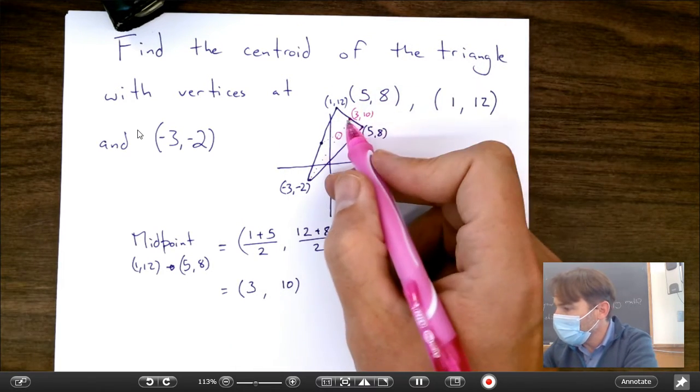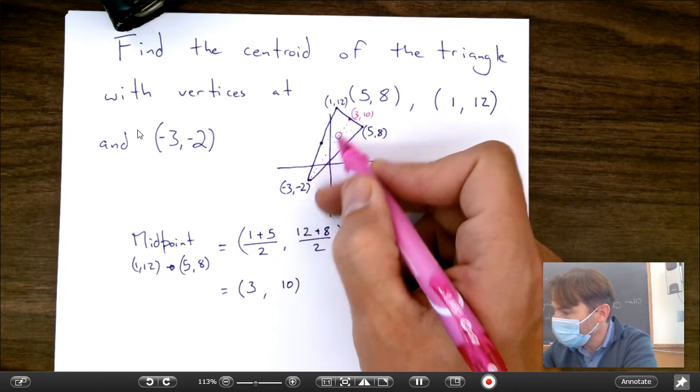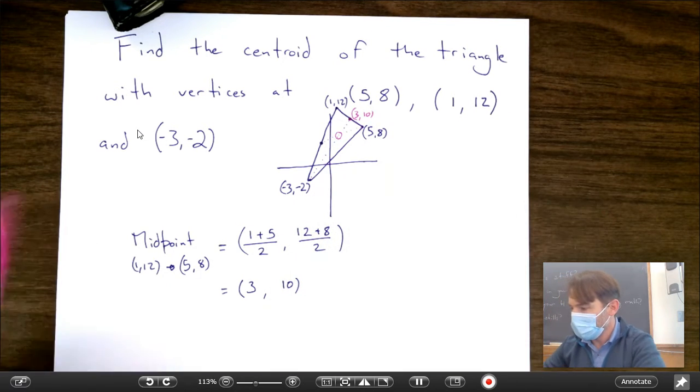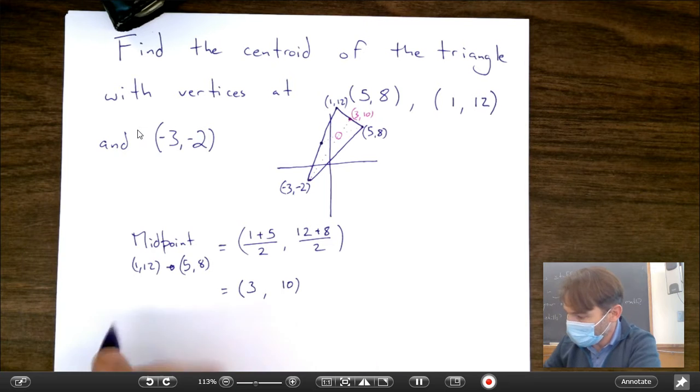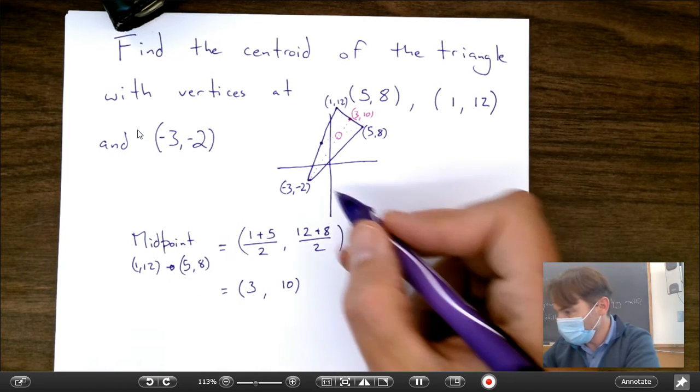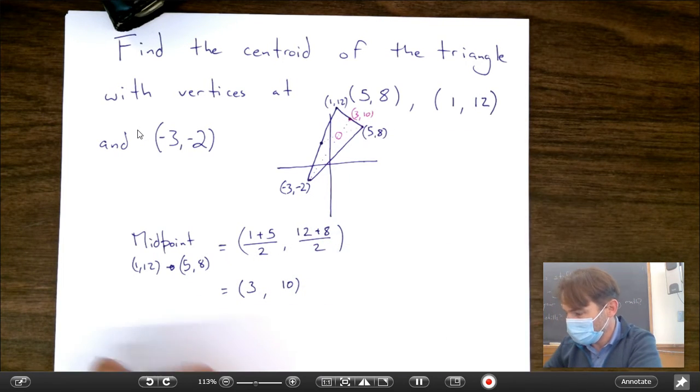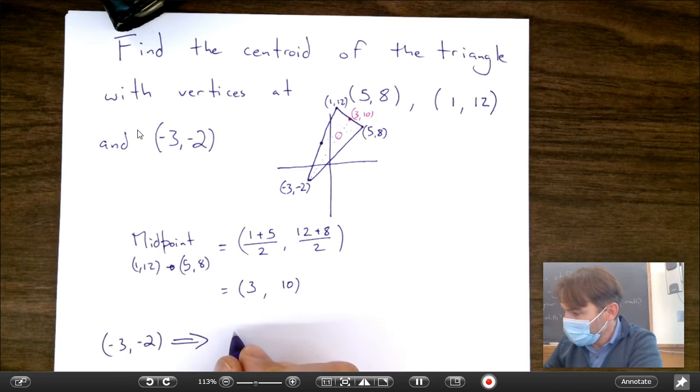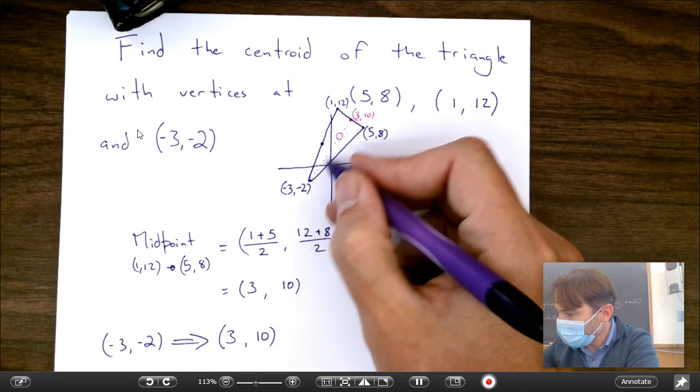All right, and now let's take a look at this line from (-3, -2) to (3, 10). Okay, and that's the median. One of the medians of this triangle goes from (-3, -2) to (3, 10). So if I start at (-3, -2) and I go to (3, 10), what have I done there?